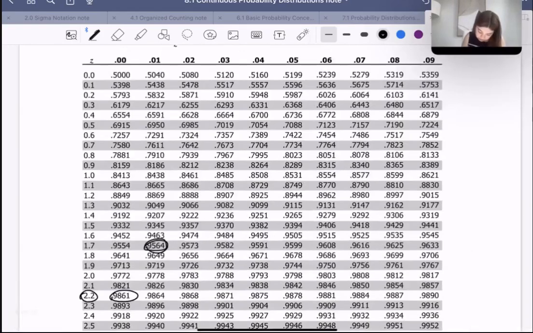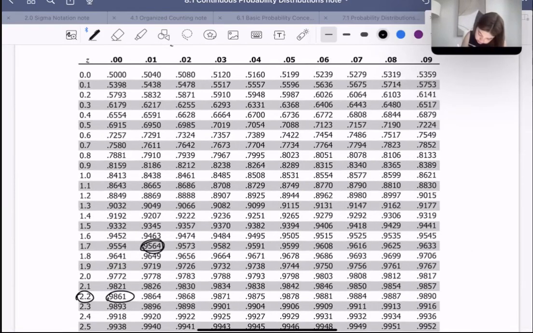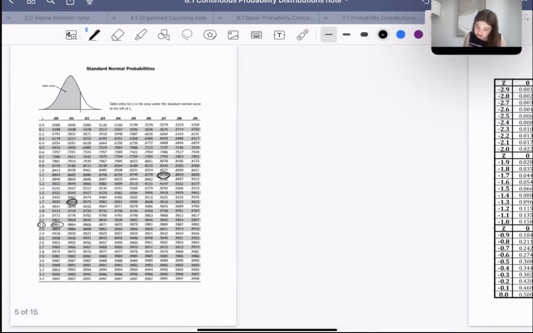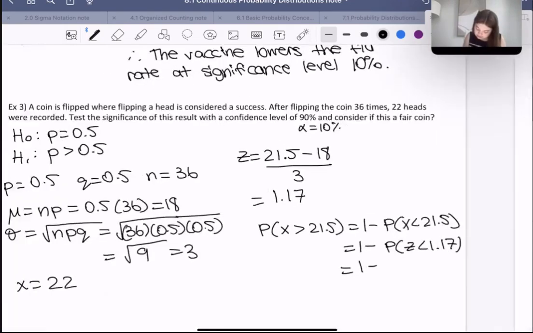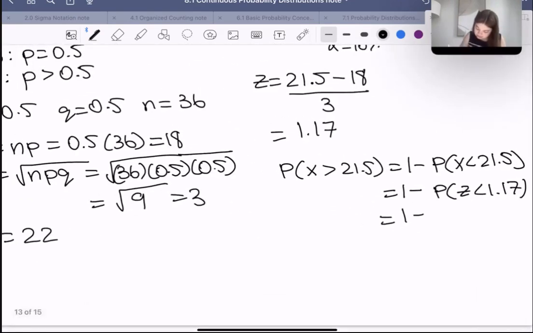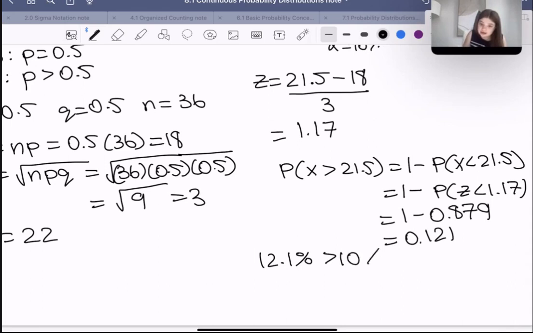Here is 1.17, which is 0.879. So 1 minus that is 0.121, right? So 12.1% is greater than 10%.